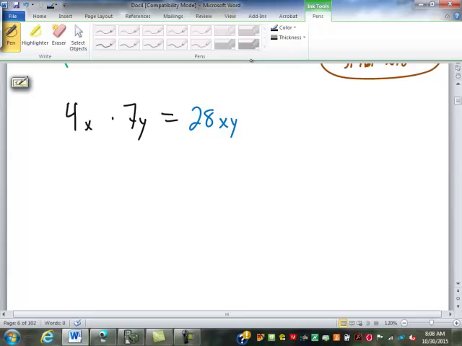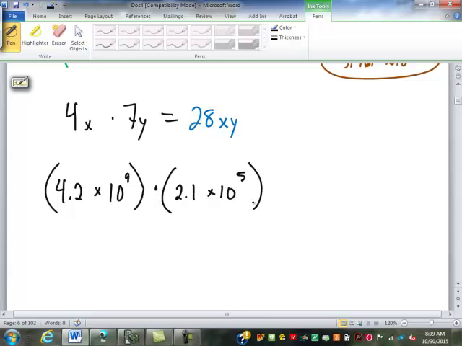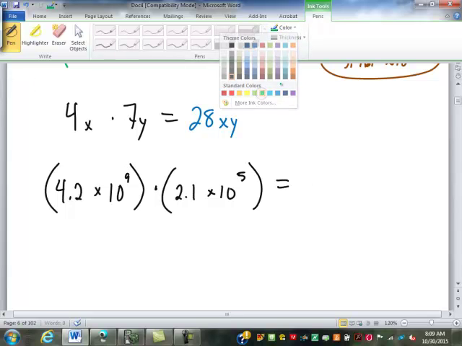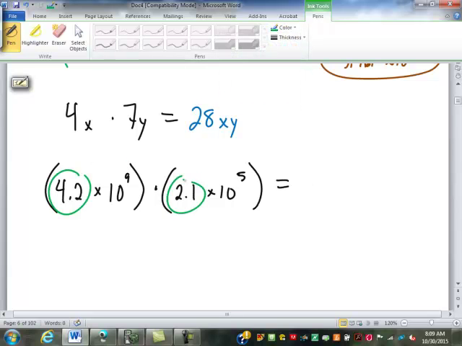So when we get into scientific notation, we do not need the same name. 10 to the 9th and 10 to the 5th, no problem. We're going to combine the counts. 4.2 times 2.1 is, what's that?